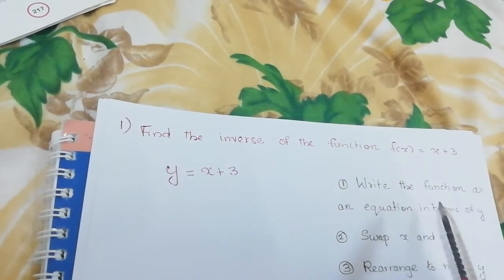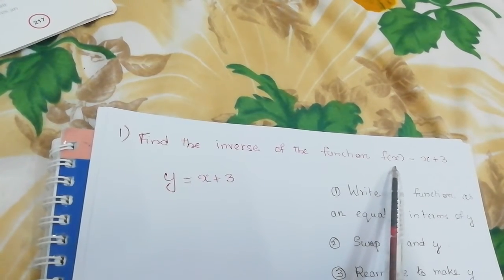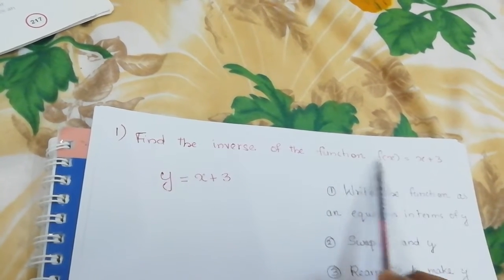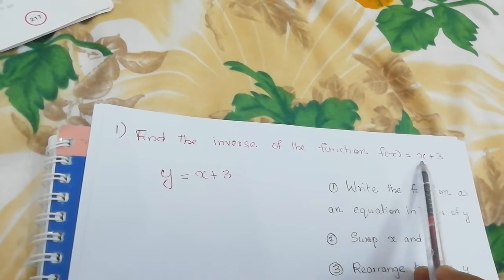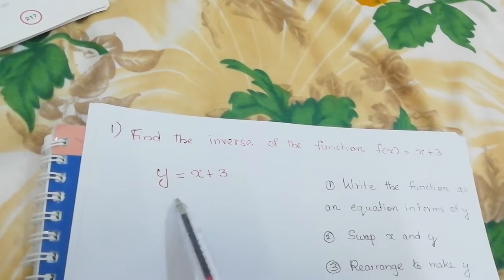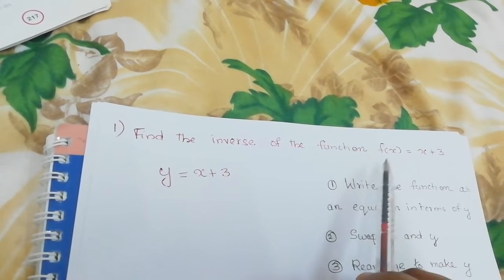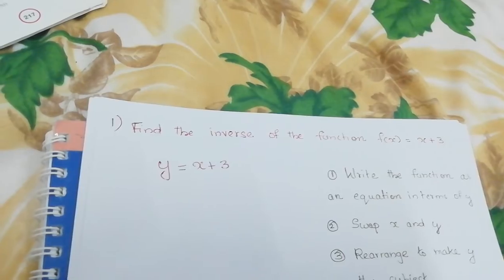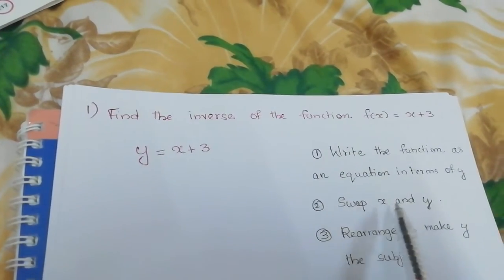You're just writing this function in equation form, just changing this f of x to y, and writing the remaining things the same. So y equals x plus 3. This is the first step. You have to change the function into an equation in terms of y. The next step is to swap x and y.